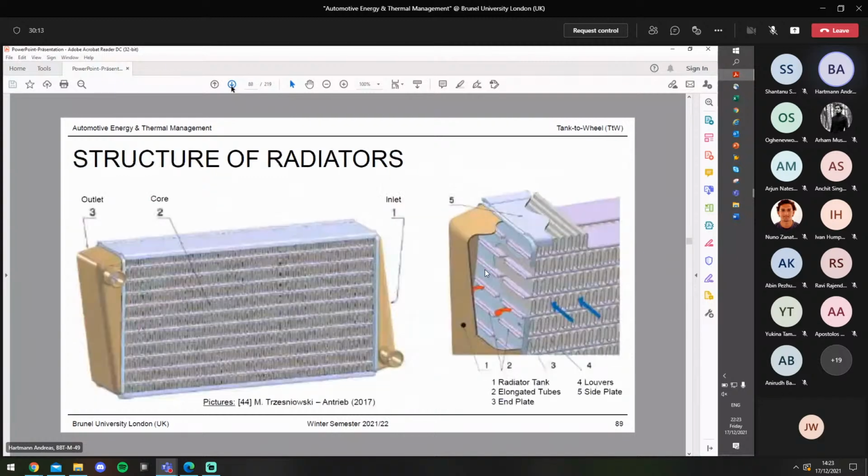And how can this be achieved? Again, shown in this picture here, the radiator uses a special geometry to increase the surface which is touched by the airflow.